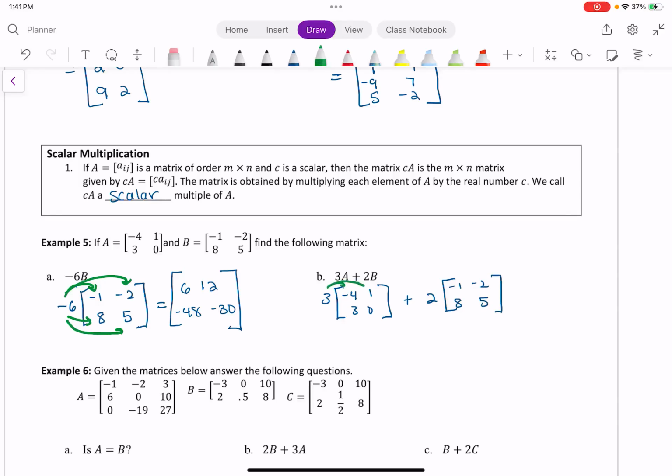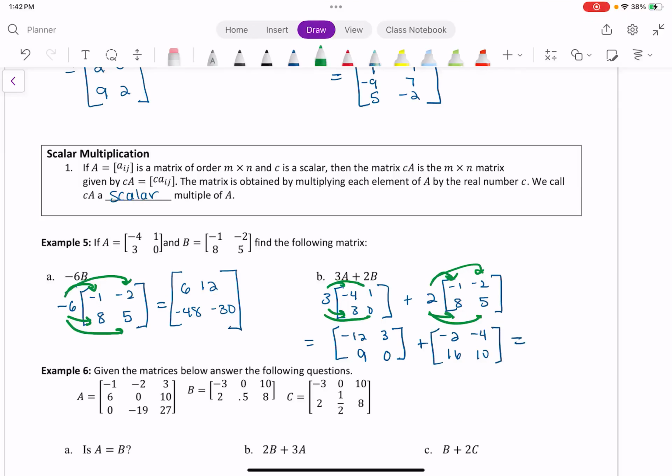Let's get this 3 into each of these elements. Let's get this 2 into each of these elements. And so we have negative 12, positive 3, 9, and 0. Negative 2, negative 4, positive 16, and 10.